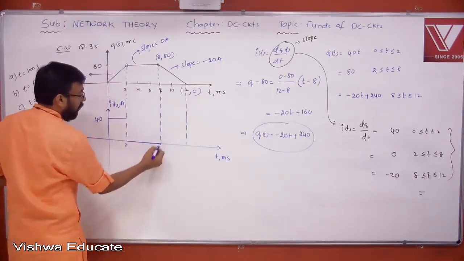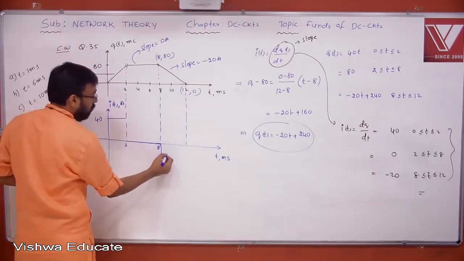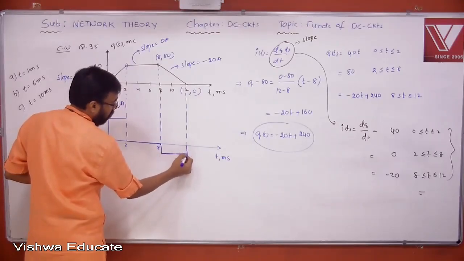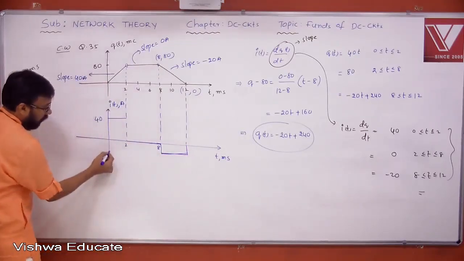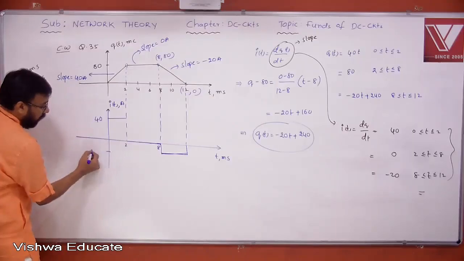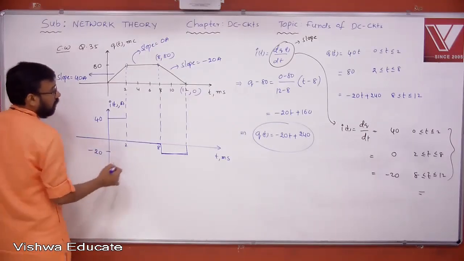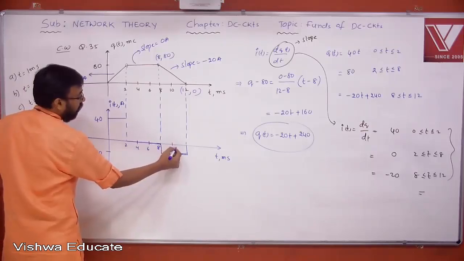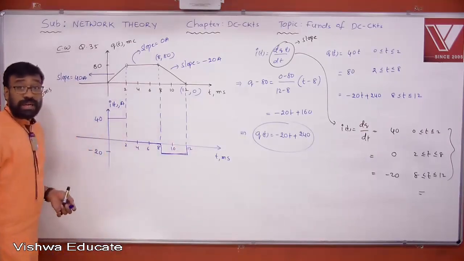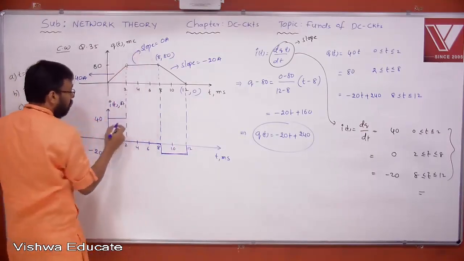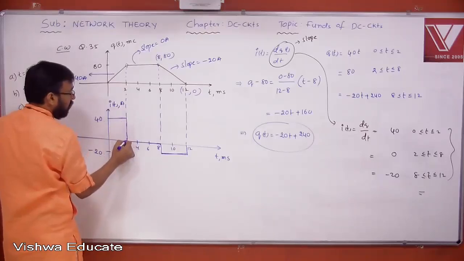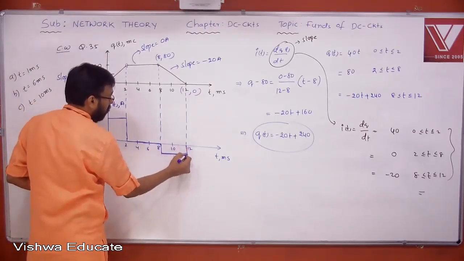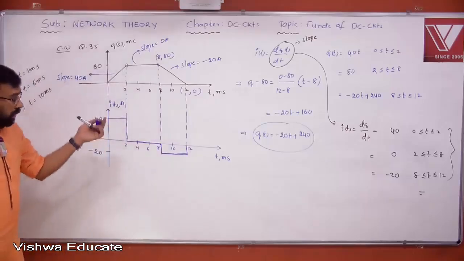Then 8 to 12, what is it? Minus 20, not 20 but minus 20. This is 4, this is 6, this is 10, and this is 12. You understand? For a given charge waveform, the corresponding current waveform is this.